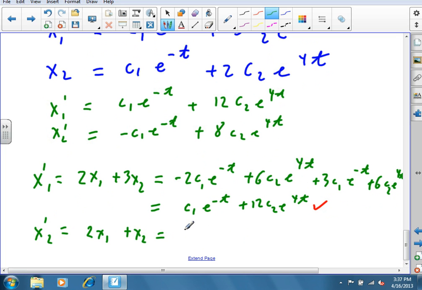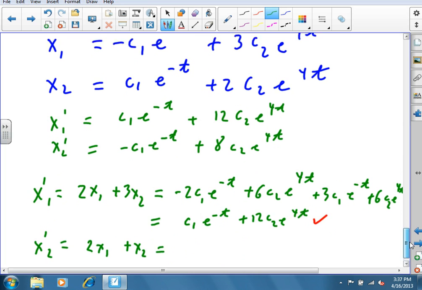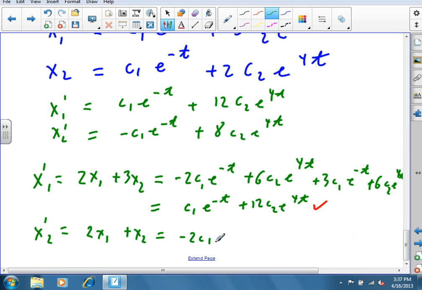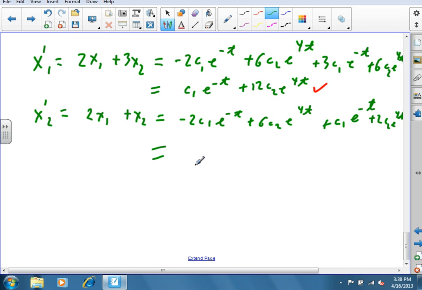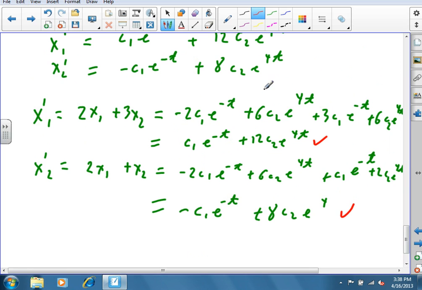Okay, so 2x1 is minus 2c1 e to the minus t plus 6 c2 e to the 4t, plus x2, c1 e to the minus t plus 2 c2 e to the 4t, which is going to equal minus c1 e to the minus t plus 8 c2 e to the 4t, and I don't even have to look because I remember that that one's right there.